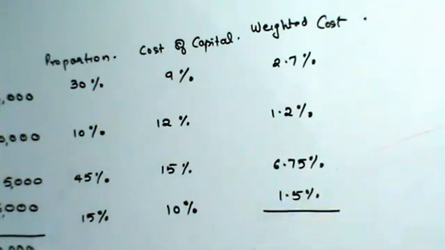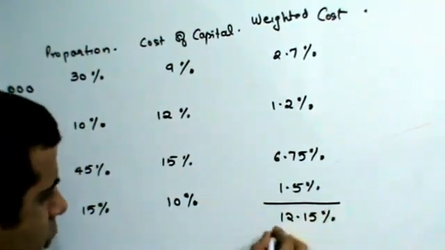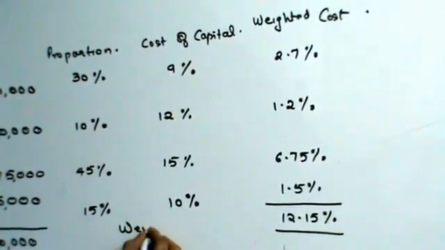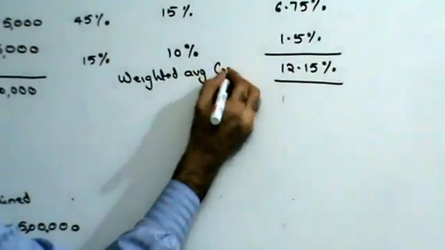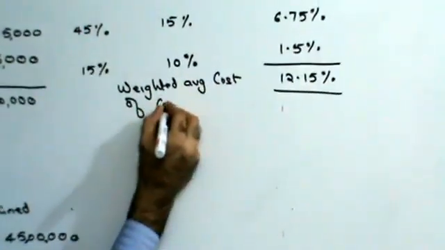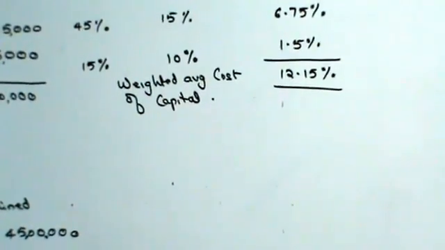When you add all this, this addition is going to give you 12.15%. Therefore, your weighted average cost of capital is 12.15%.